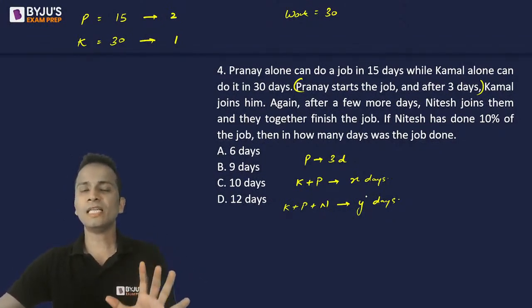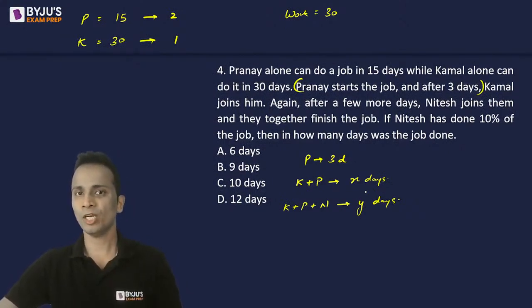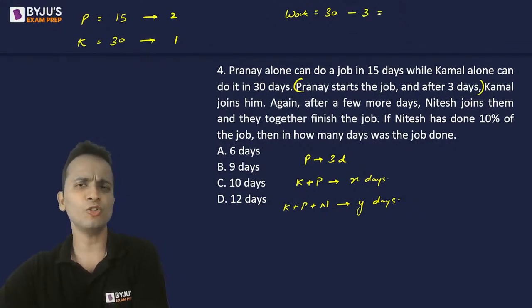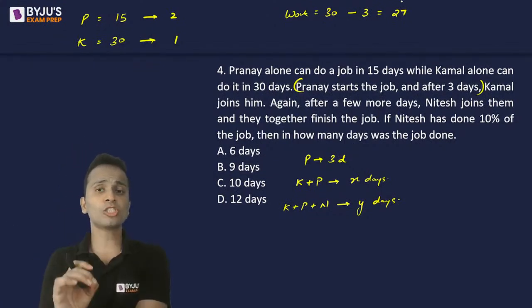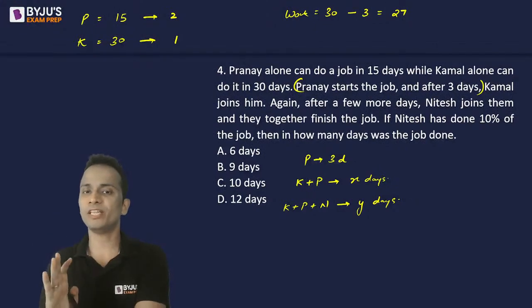Now the total work is 30 units, out of which Nitesh has done 10% of the work. So if I remove the work done by Nitesh, 10% means 3 units. So 27 units of work was done by Pranay and Kamal without the help of Nitish.